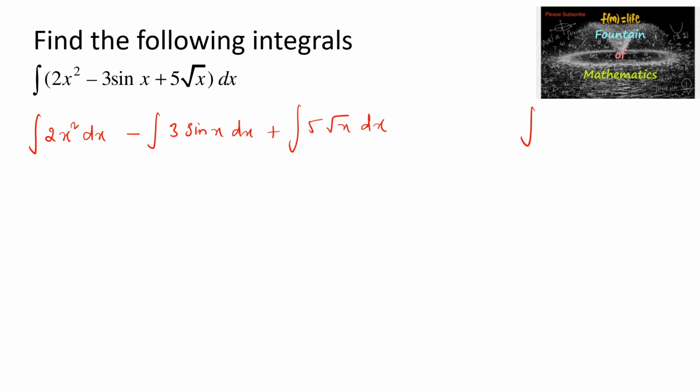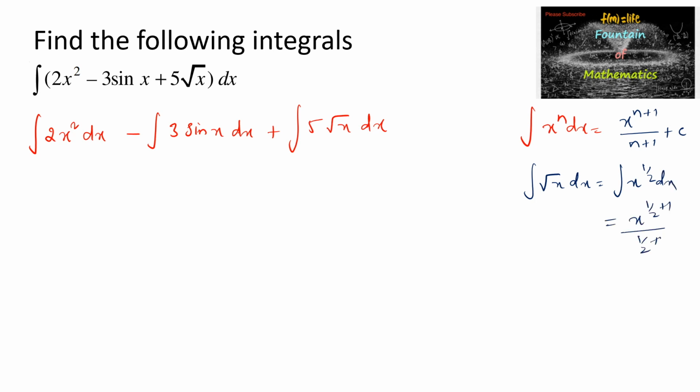And we know that the integral of x to the power n dx is equal to x to the power n plus 1 upon n plus 1 plus a constant c, and the integral of root x dx is equal to the integral of x to the power 1 by 2 dx, which is x to the power of 1 by 2 plus 1 upon 1 by 2 plus 1 plus c, that is 2 by 3 x to the power of 3 by 2 plus some constant, and the integral of sin x dx is equal to minus cos x plus some constant.